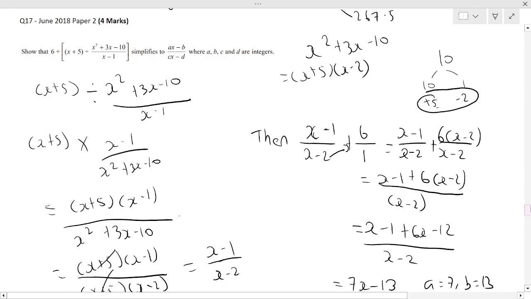Okay, question 17. I don't think that's the right paper.